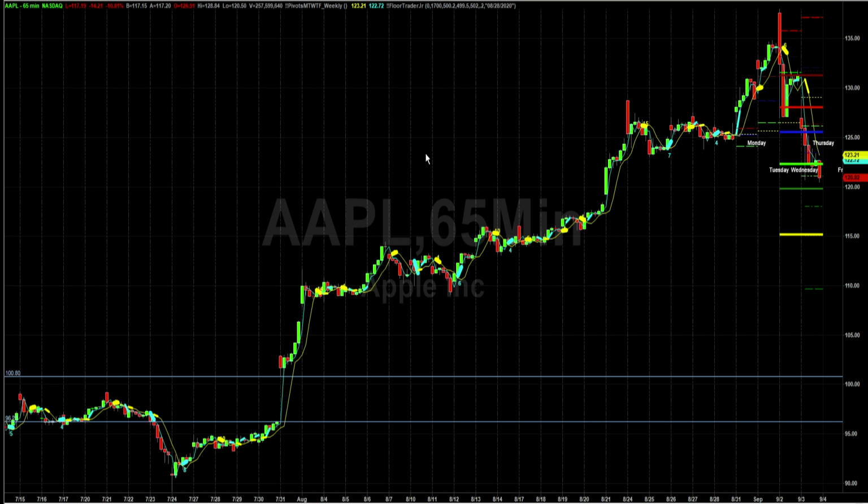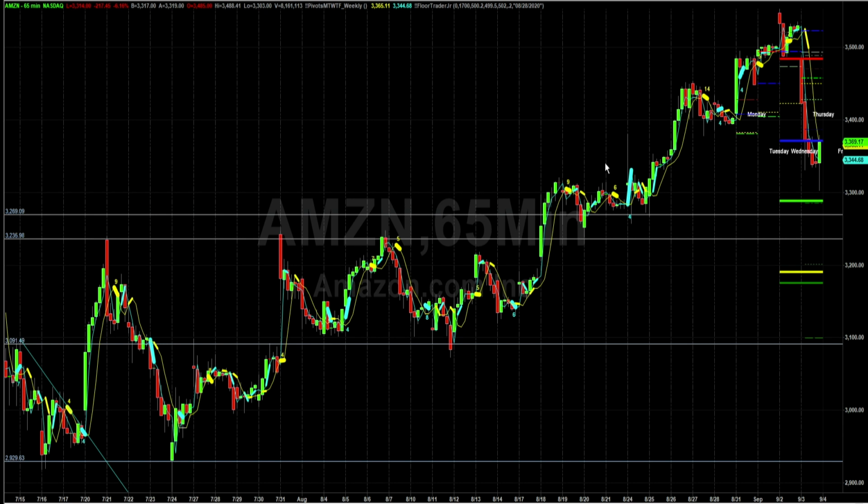So let's continue. Let's take a look at Amazon, one of my favorites. A bit of a pricey and more liquid options market, but you can see this thing went all the way up to almost 3550. Looks like it hit about 3550.